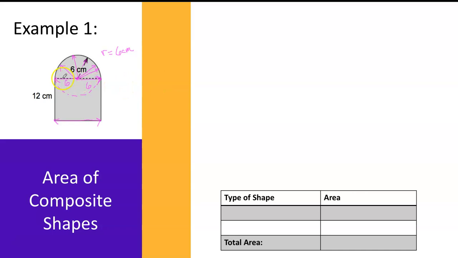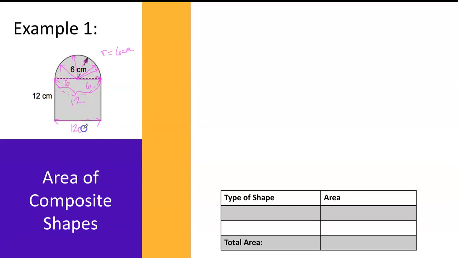Another way to think of this would be to say, if this is the whole circle, and this dotted line goes through the center, then this length is the diameter of the circle. And the diameter of the circle is double the radius, so it's equal to 12 centimeters. Hopefully I talked about this enough that you understand that this length is 12 centimeters, which makes this length across from it also 12 centimeters.